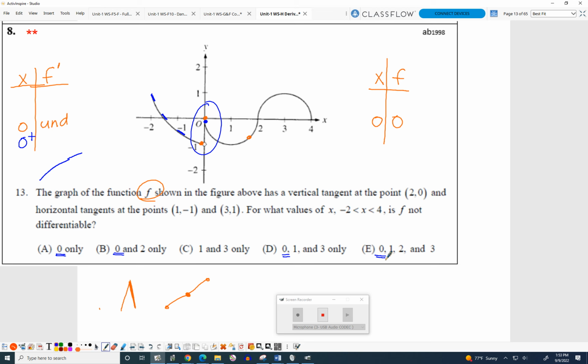The other place it says on your reference sheet is you have to watch for places on f where the graph has what's called a corner, where the graph has a vertical tangent. A corner is where the slope will change very abruptly. The slope changes abruptly here, but we attribute that to the discontinuity.